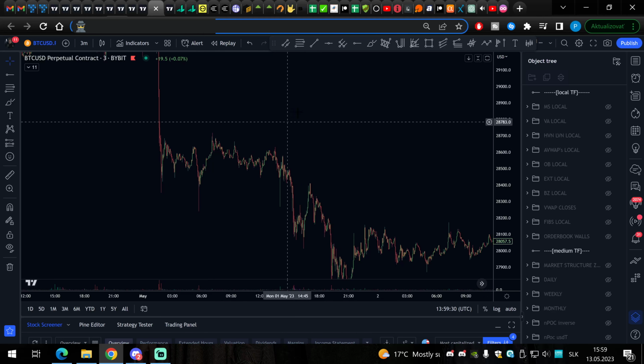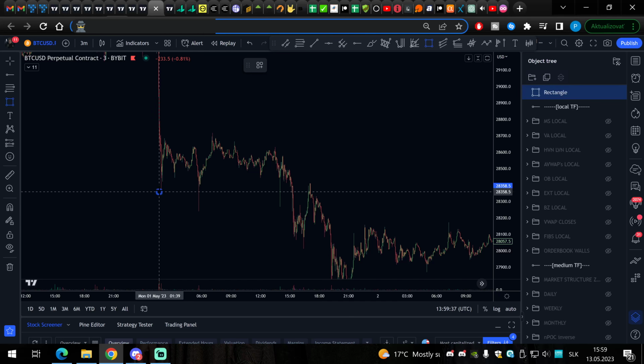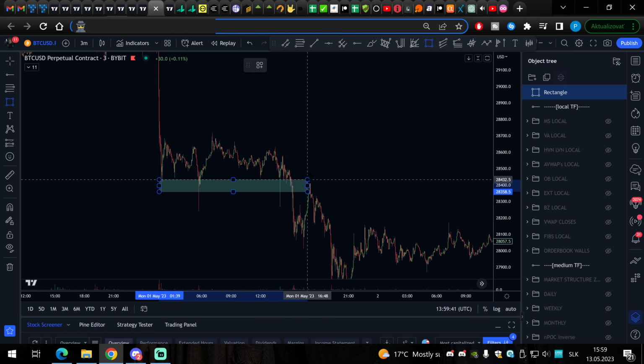But this one was really great. So let's go here. You see, this was the initial high volume low. So it's already becoming definitely an area of support and resistance for you.